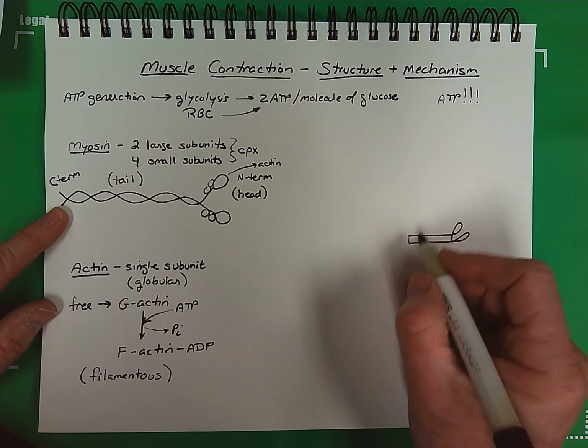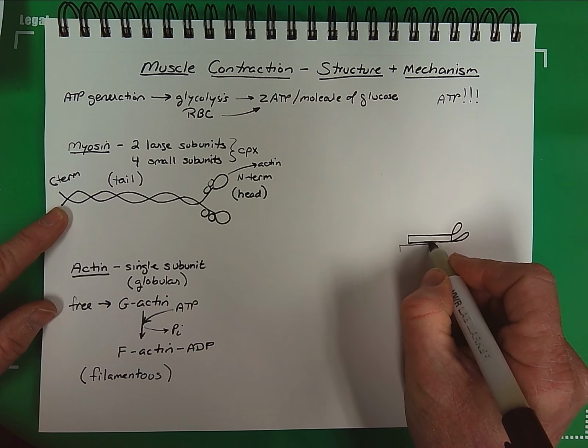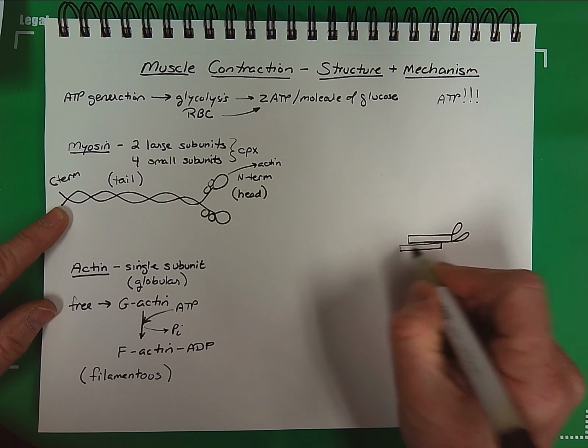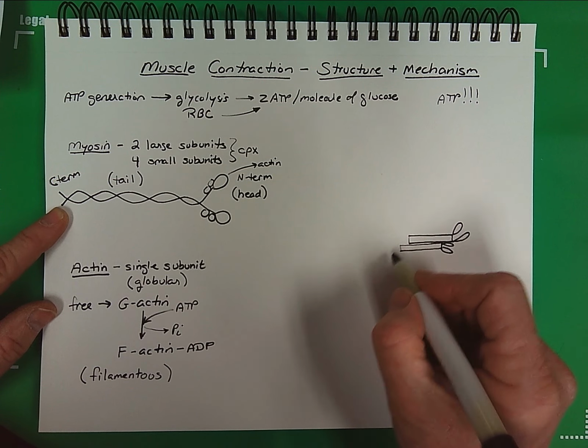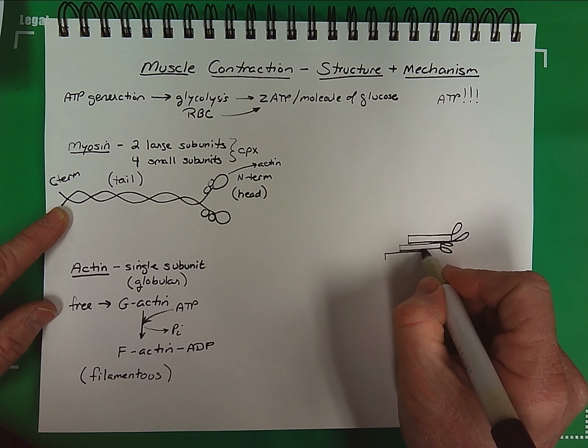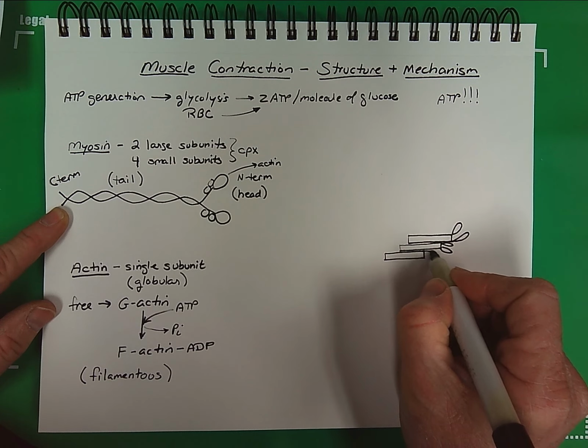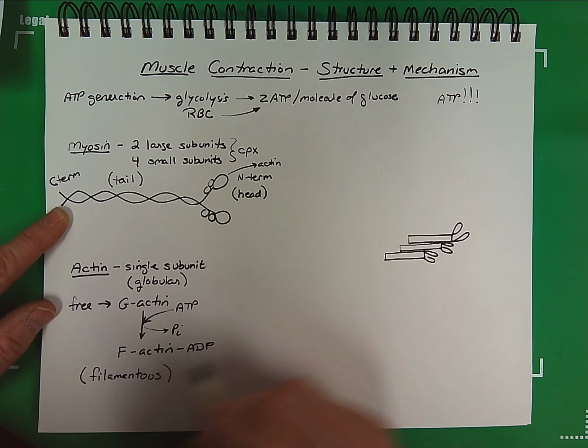Because these tails are able to interact, what the myosin is able to do then is form a long filament by repeated binding of the tail portion of the myosin molecule.